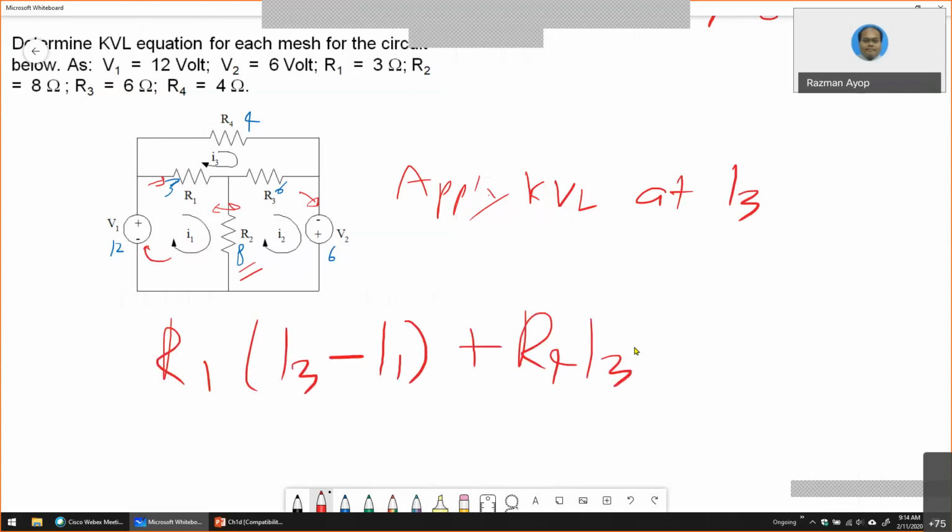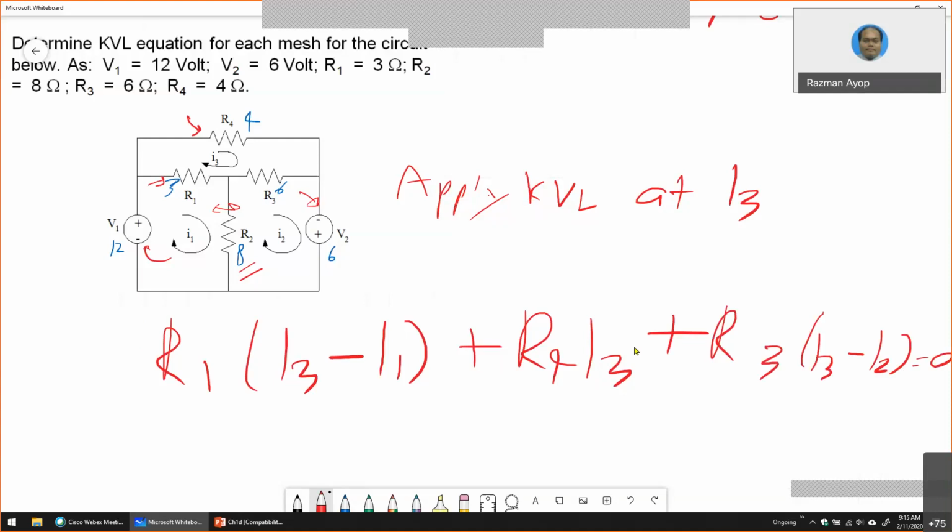For this case there is no other loop intersecting, so because there is no intersection of loops, you just place I3. Only at an intersection do you have to consider both. Then plus R3, I3 minus I2, equals 0.